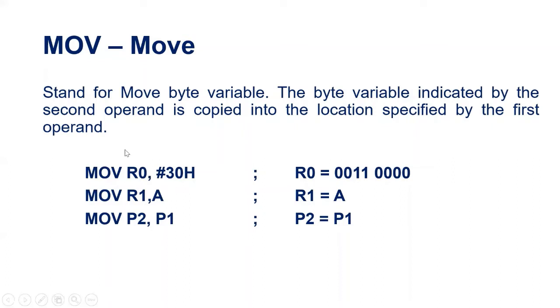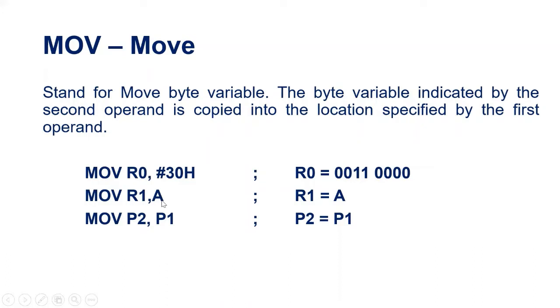Okay, so next is move R1, A. Ano nga bang ibig sabihin ng move R1, A? So this code is actually a register-to-register move command. Anong ibig sabihin ng register-to-register?